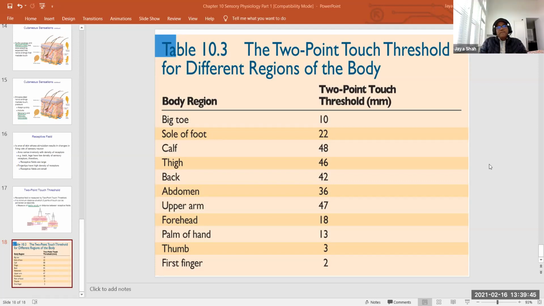Because it's the furthest. I think it's the first finger. Yes, it is the first finger. That's why their 2-point touch threshold is the least. Okay, so this is the 2-point touch threshold. You don't need to memorize these things, but you need to know the concepts.